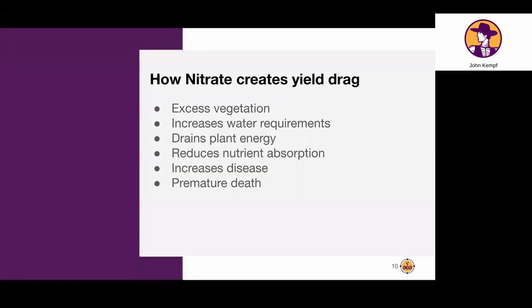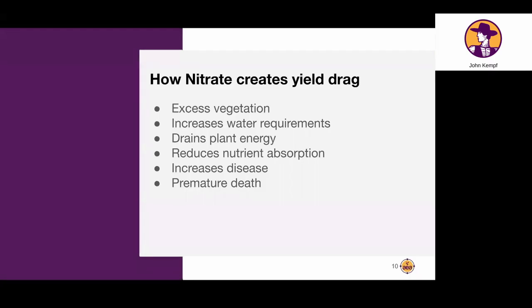So, how does nitrate create yield drag? 5 points, or maybe 6 here. First, excessive vegetation. It increases the crop's water requirements significantly, as I want to point out. It drains a plant's energy, which is counterintuitive. We're used to thinking about putting on nitrogen, we get this tremendous surge of plant growth. So it increases plant energy, right?